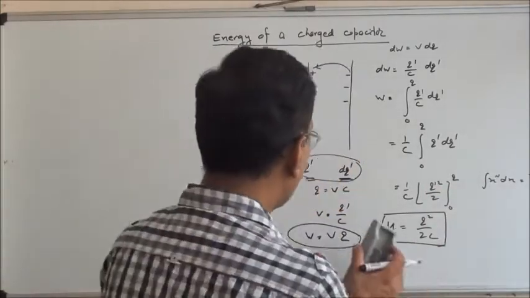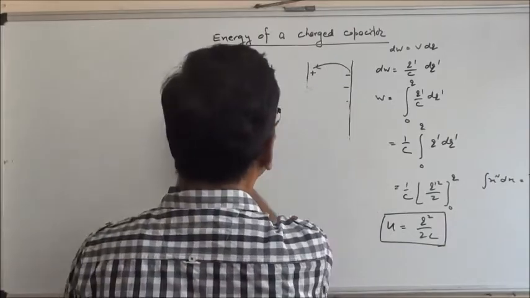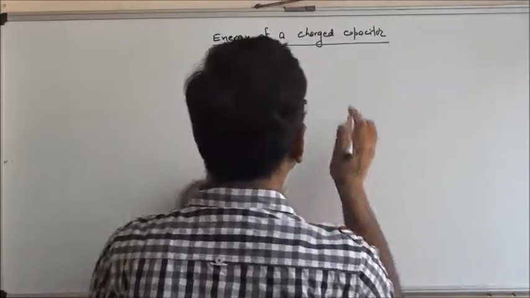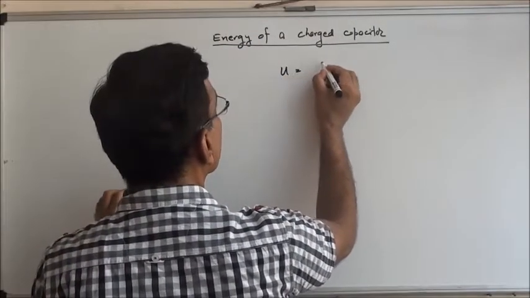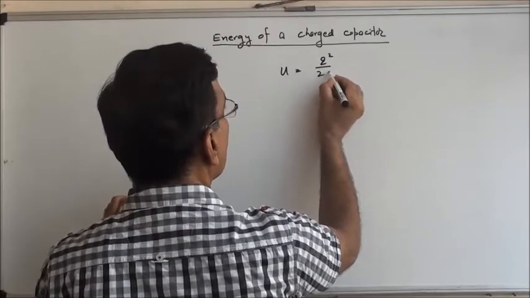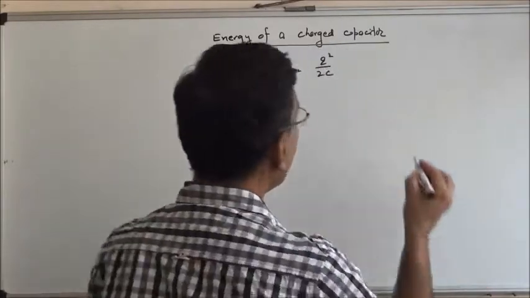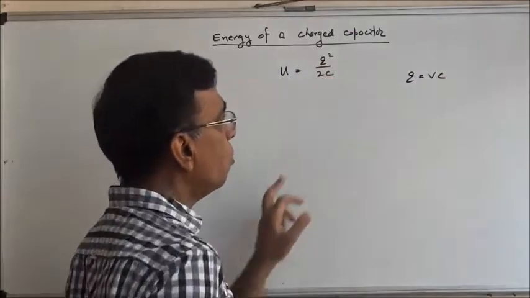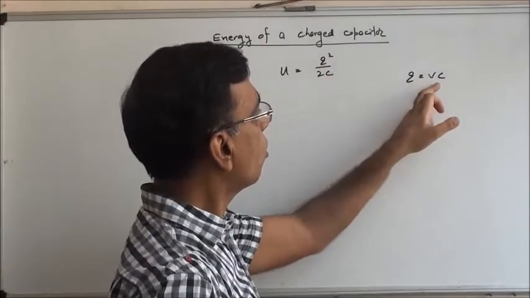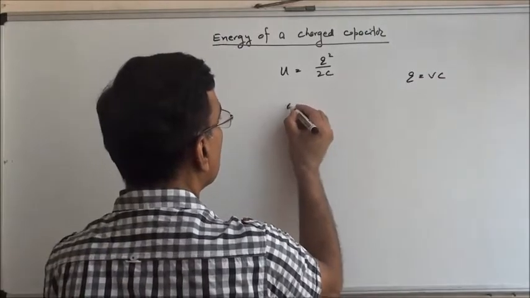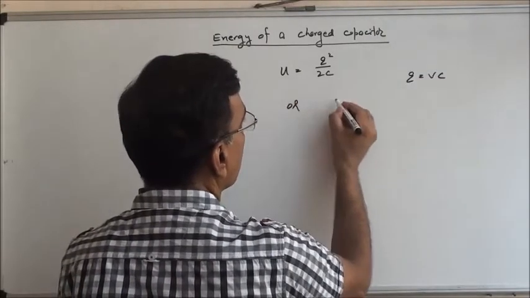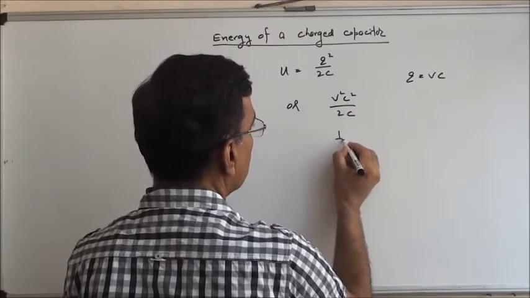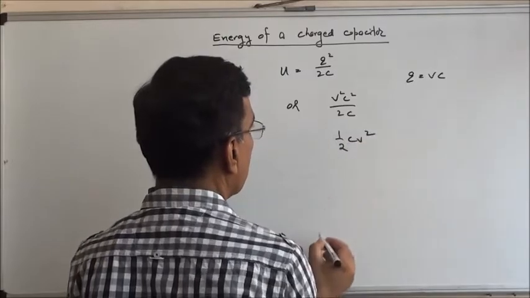Okay. This can also be written in different forms. We have Q square by 2C. What is Q? It is CV. So we can write it in terms of QC, or in terms of QV, or CV also. Writing Q as CV, it becomes half CV square.